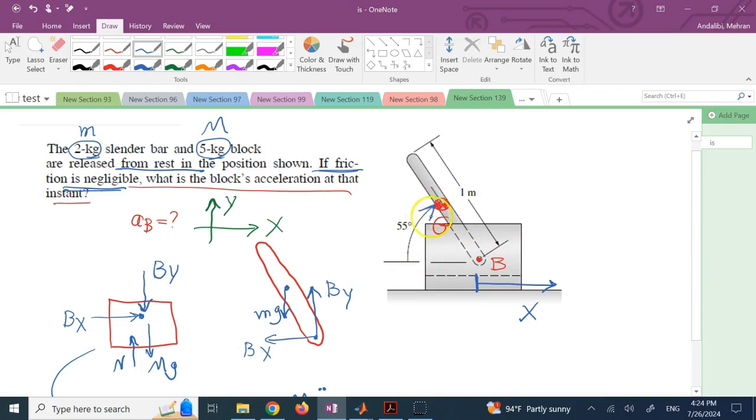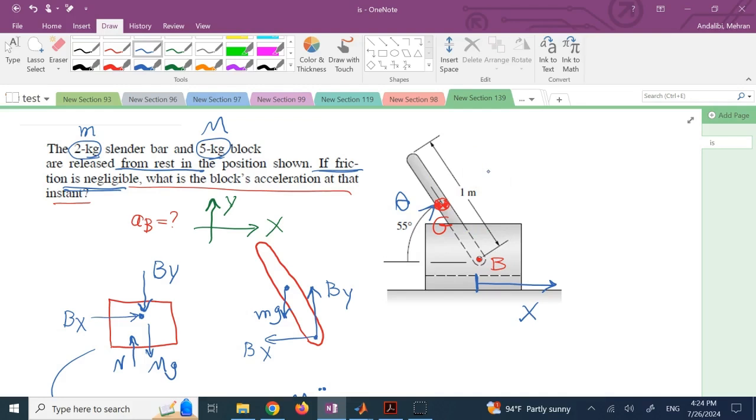And here we can call this angle theta, or you can call the angle from the vertical direction theta. It's totally fine. It could be either one. It has no problem.